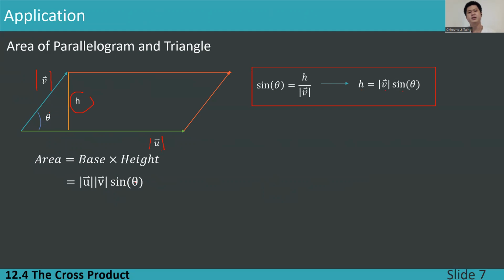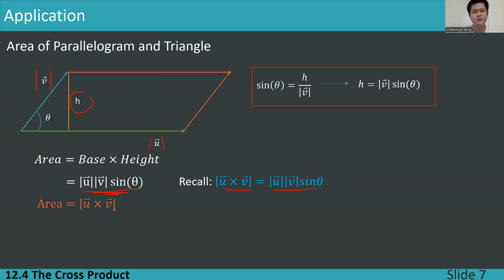Well, recall from the definition part, I took a note that the magnitude of u cross v is equal to magnitude of u times magnitude of v times sine theta. And if you look carefully, this part and this part are the same, which means you can just replace all of this with the magnitude of u cross v, which is what the area of a parallelogram is.